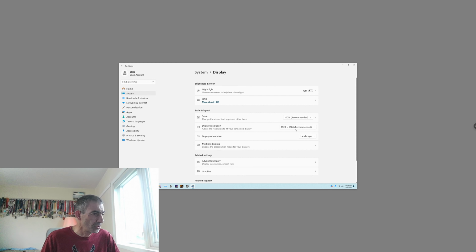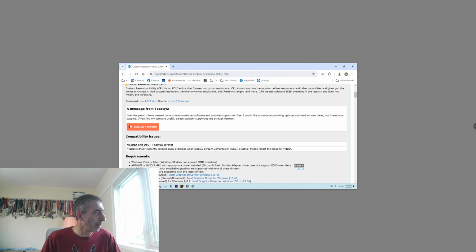utility there, which is a custom resolution utility. There it is, that I downloaded from monitortests.com.